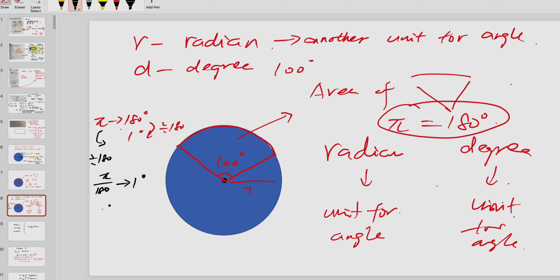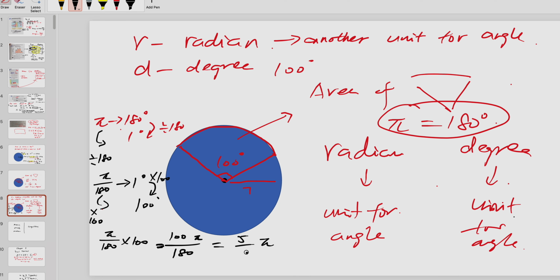Then 100 degrees is how much? How do you get to 100 degrees? Times 100. So therefore this one also must be times 100. So it's pi over 180 times 100. You simplify 100 divided by 180. Don't do the pi, I want to put it in terms of pi. 5 over 9.